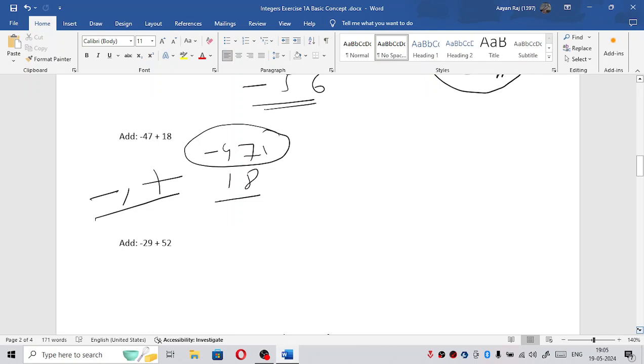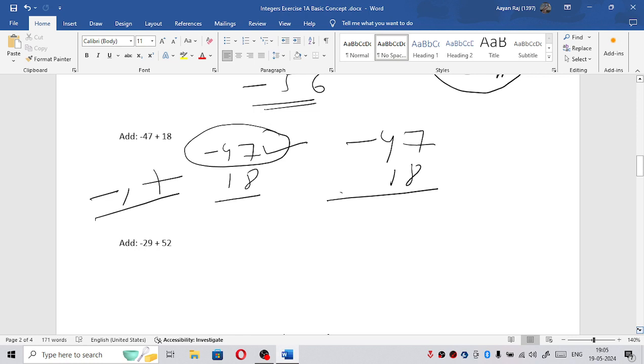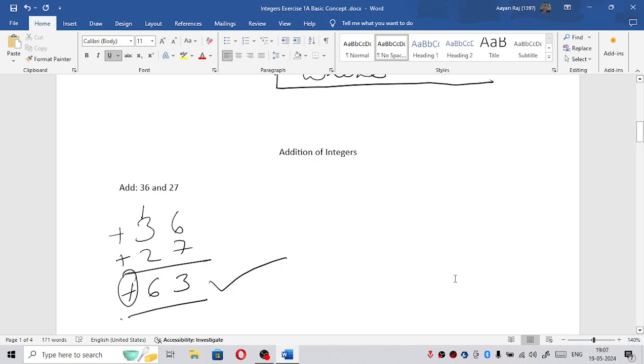So here minus 47 is the biggest. We'll put minus 47 and 18 is there. We'll subtract because one is positive, one is negative. So 7 minus 8.